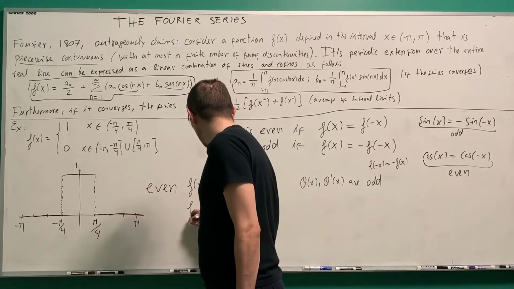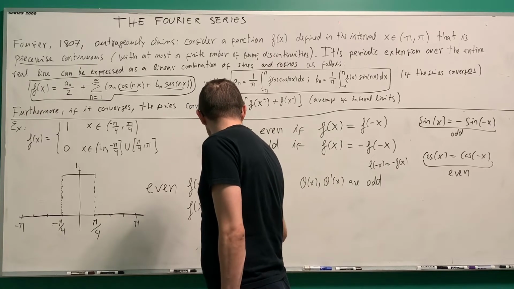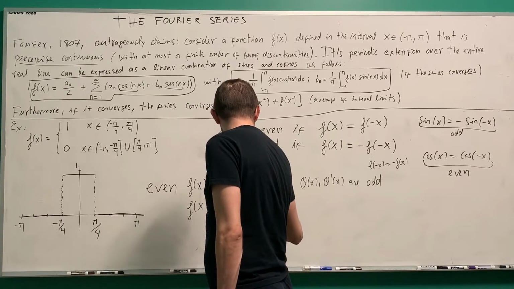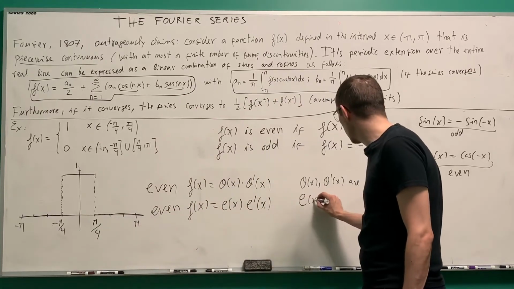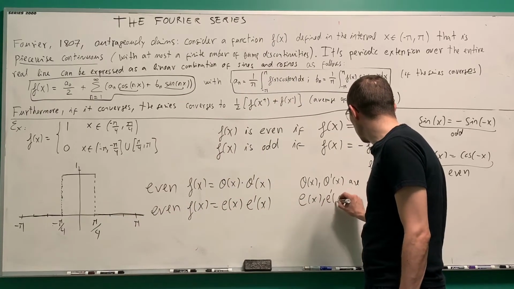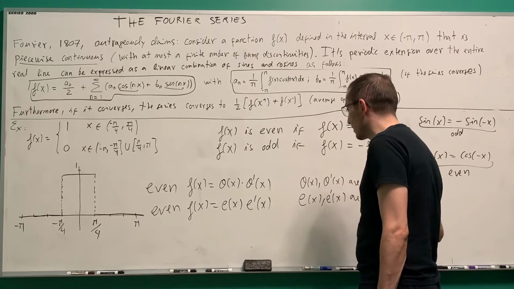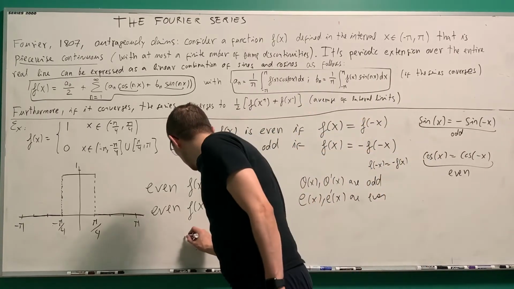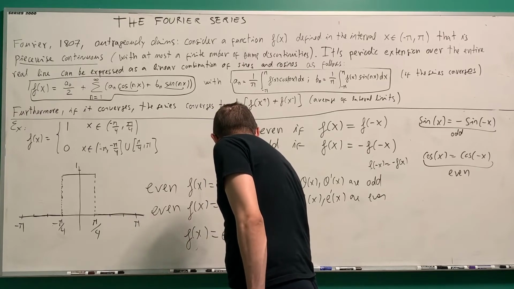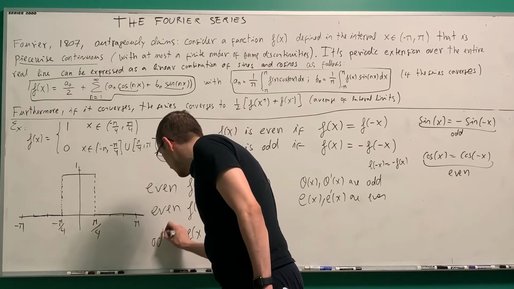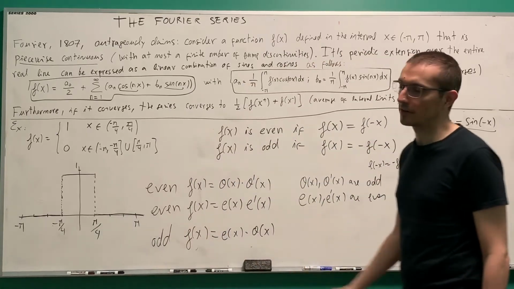The product of two even functions is also even. Okay? E of x, E prime of x are even. And finally, the product of an even function and an odd function is odd. All right, that's the way it works.